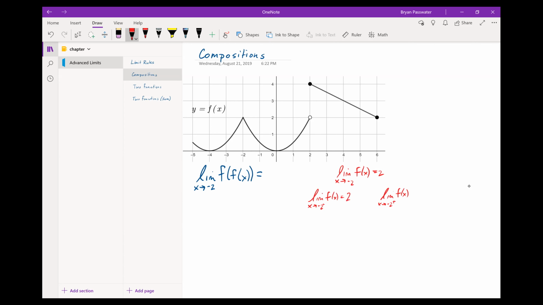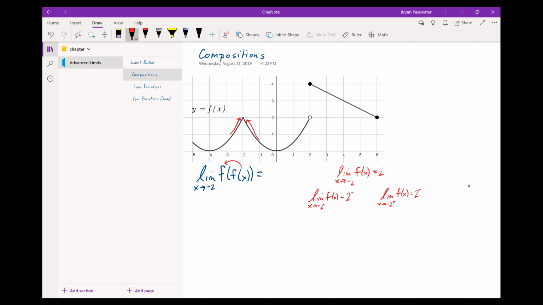But I'm going to put this little negative sign on there because they're both approaching 2, but from either direction, if we're following this graph of the inner function, as it approaches 2, we're always just underneath 2. So really, what we're inputting into the outer function is something that's getting closer and closer to 2, but always just left of 2.